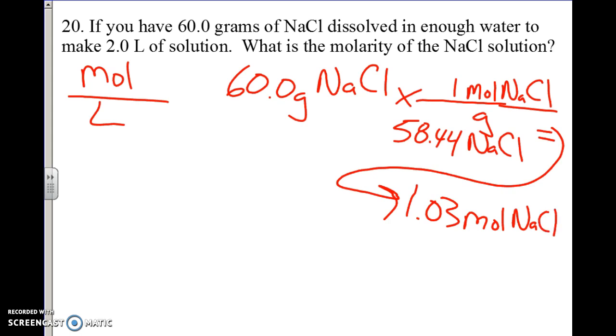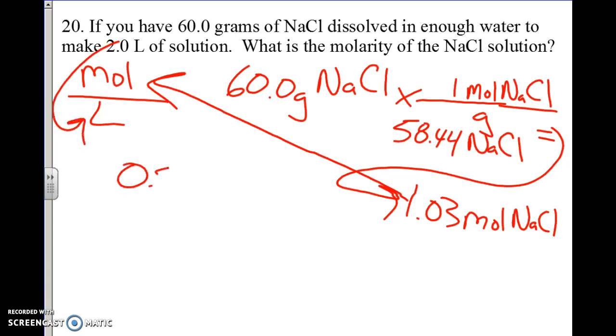So in this problem, that is the mole value. That number is going to go right there. And the 2 liters is going to go right there. And when you solve it, you're going to get 0.52 molar.